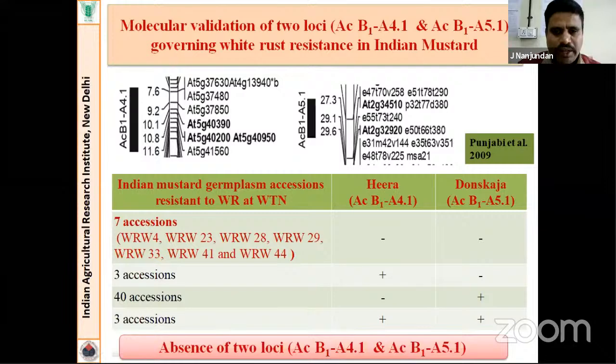After identifying these differentials, we used the two already reported genes, that is Heera and Donskaja, the East European donors. We characterized the markers linked with them. In that evaluation, we identified 7 accessions that were not amplifying these 2 already reported genes, but were resistant at Wellington. So we suspect that these have some new locus other than those reported earlier.